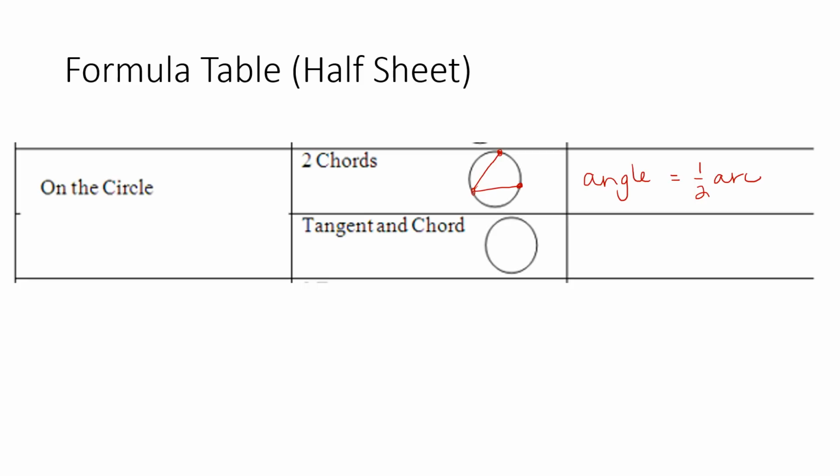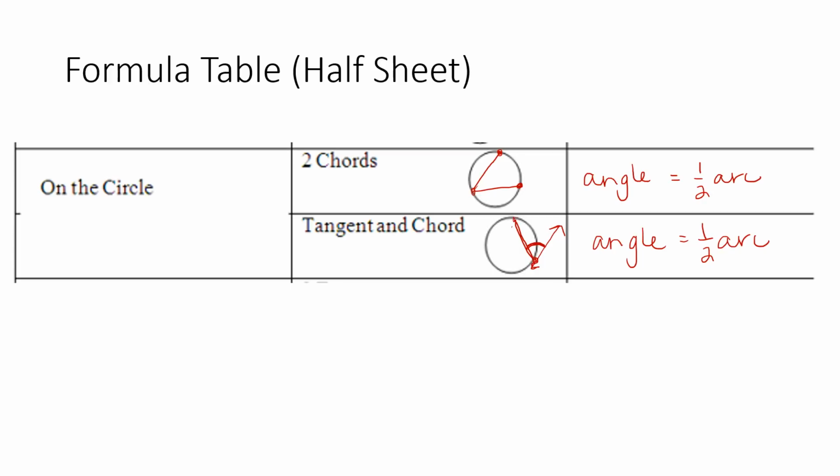And we haven't quite yet talked about this next one, tangent and chord, but we could get it jotted down. If we draw in here a point of tangency, and then we draw in our tangent line, now when a chord forms an angle right there, again with that vertex being on the edge of the circle, this angle right here is also going to be 1/2 the measure of the arc.